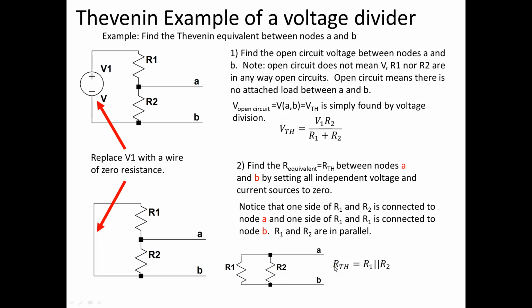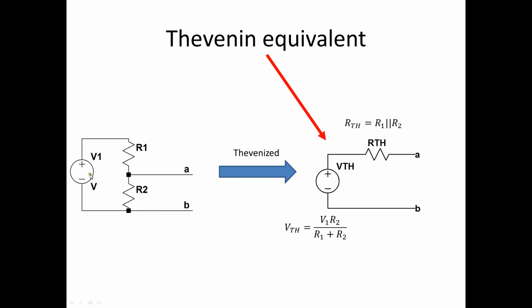So the Thevenin equivalent resistance is R1 in parallel with R2, and we can go from this circuit to this circuit, and they're equivalent.